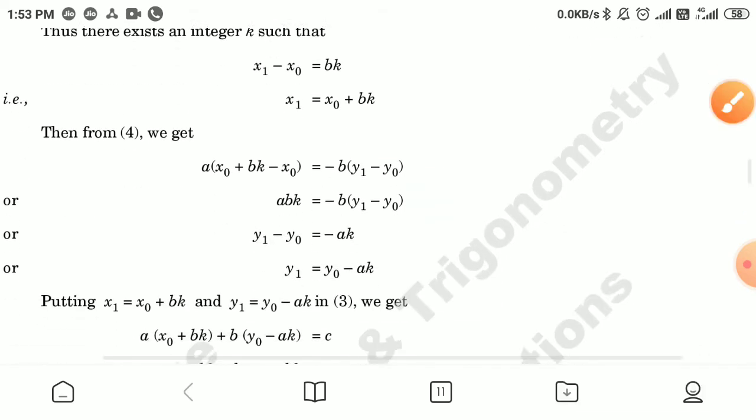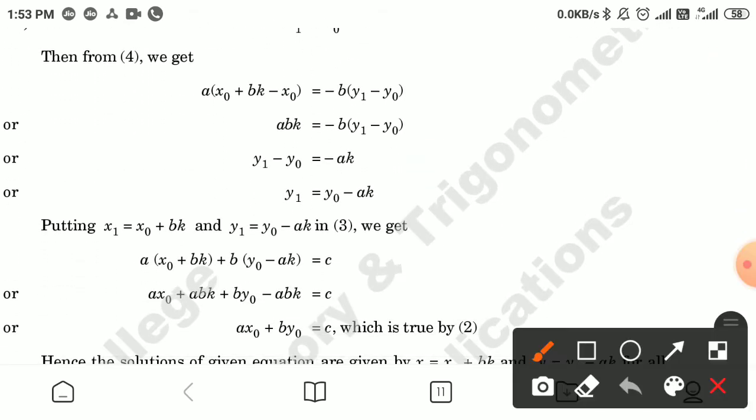Then from fourth we get a(x naught plus bk minus x naught) is equal to minus b(y1 minus y naught), or abk is equal to minus b(y1 minus y naught), or y1 minus y naught is equal to minus ak, or y1 is equal to y naught minus ak.